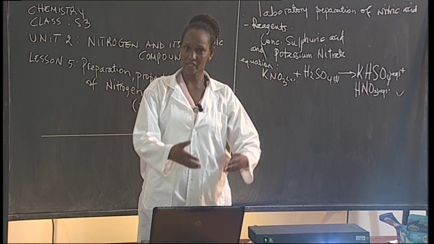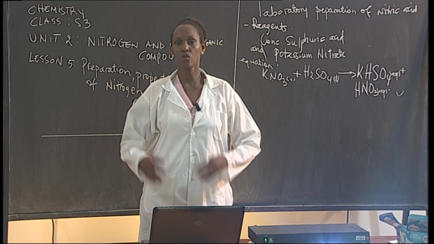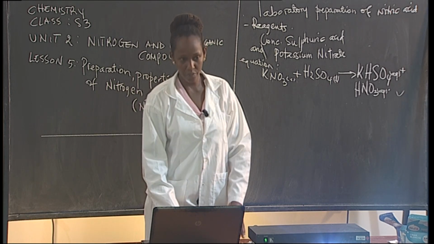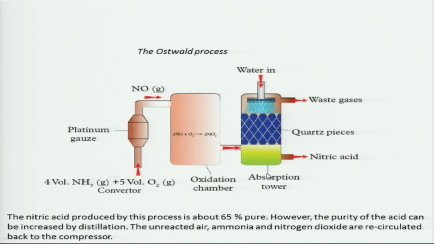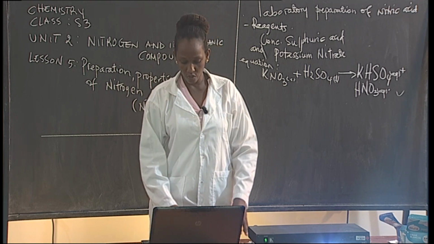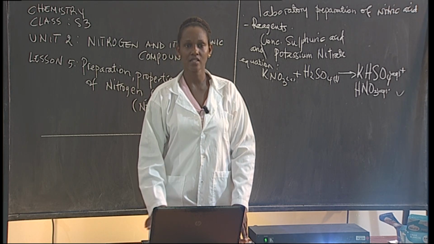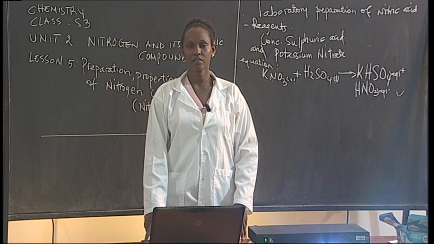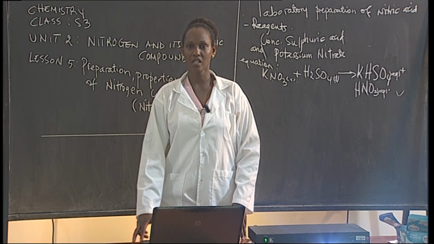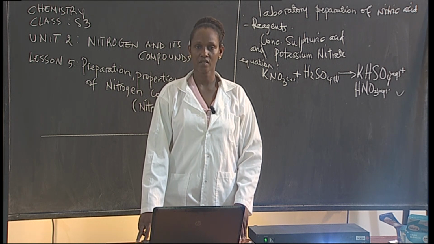You need to know the raw materials. You need to know the conditions, temperature. All right? You need to know that at the end, when you form nitrous acid and nitric acid, excess oxygen can be added to convert even the nitrous acid into nitric acid.